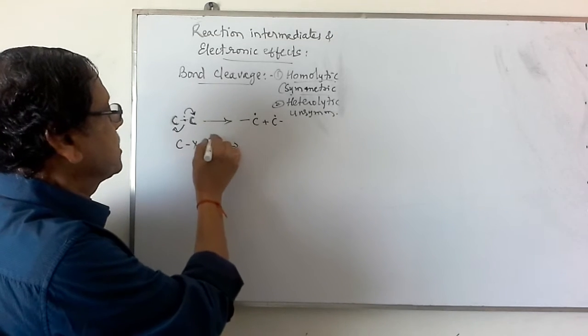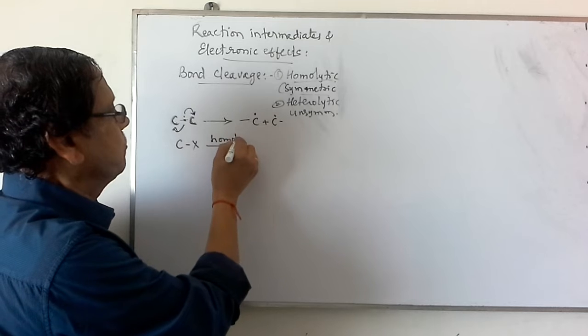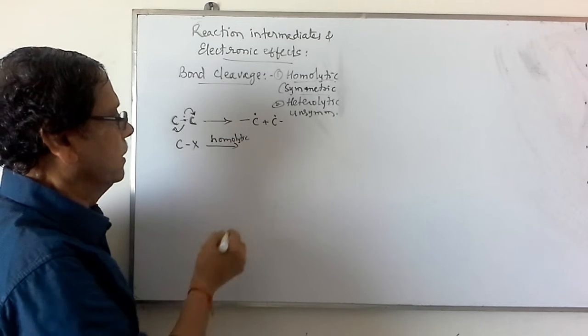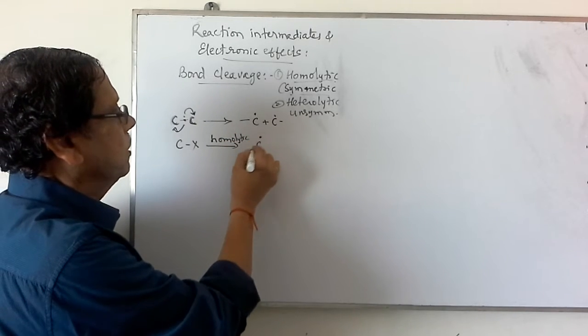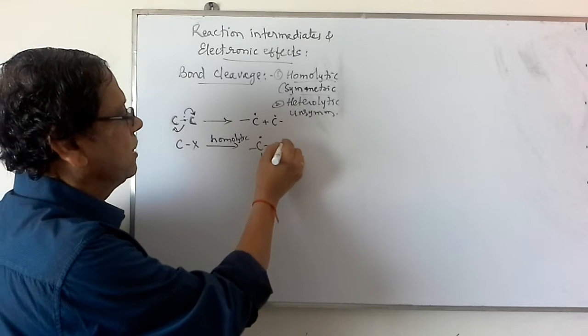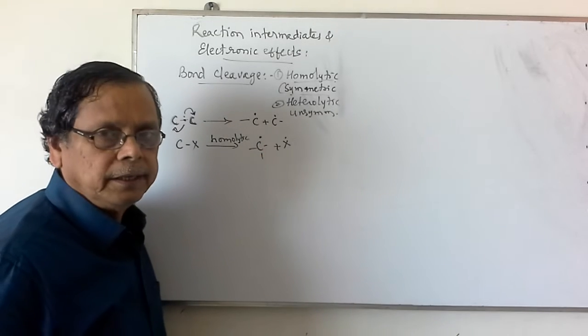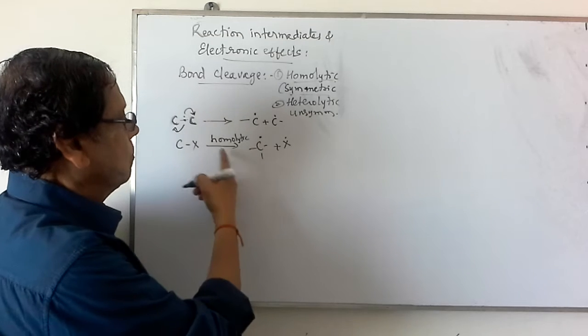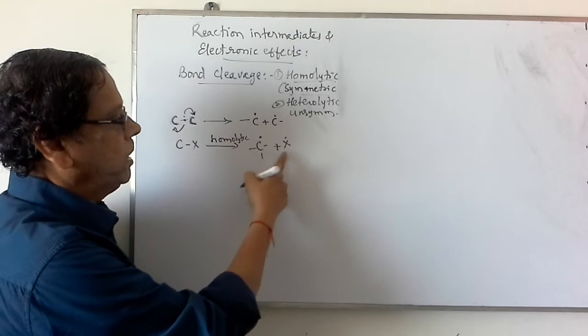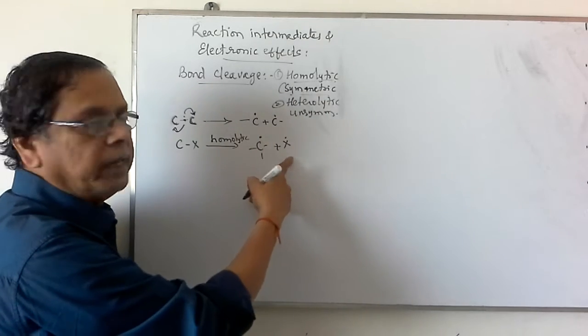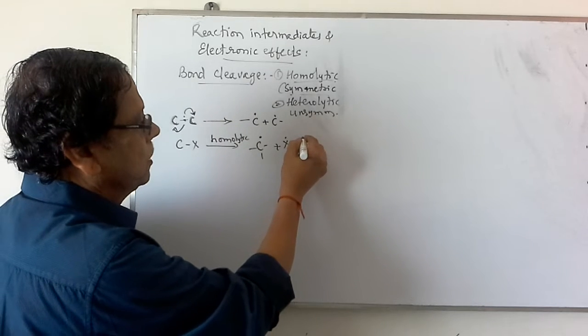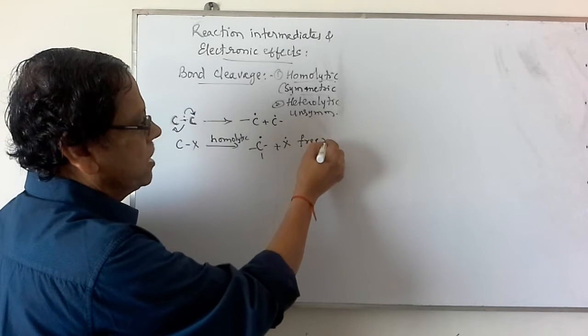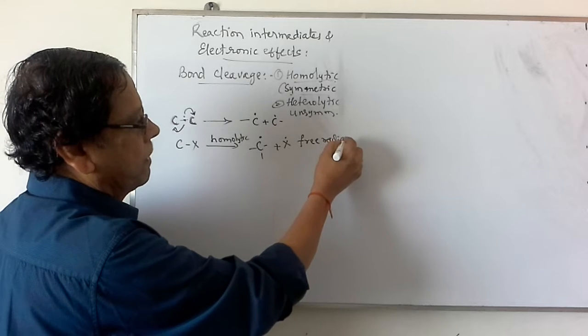If this is cleaved in such a way that each atom will get one electron, then we get this species with one electron on the carbon atom and one electron on the X group. So this homolytic cleavage with equal or symmetric distribution of the electron will give rise to the intermediates which are called free radicals.